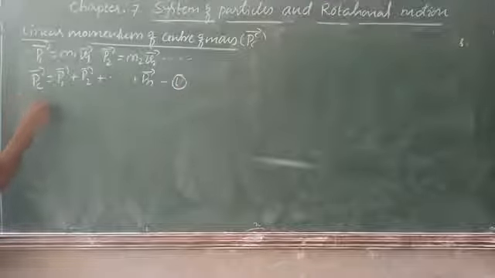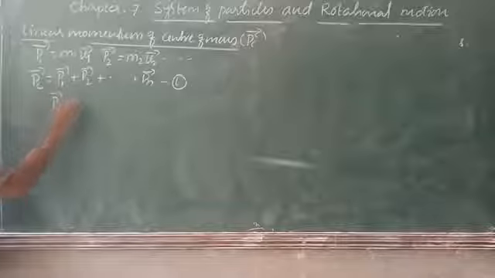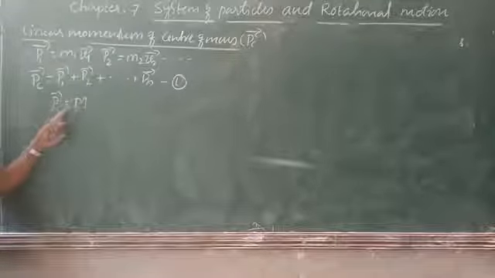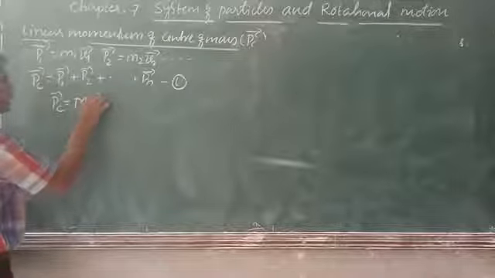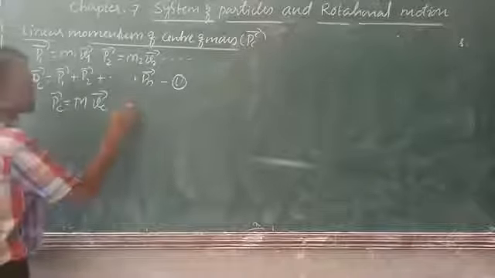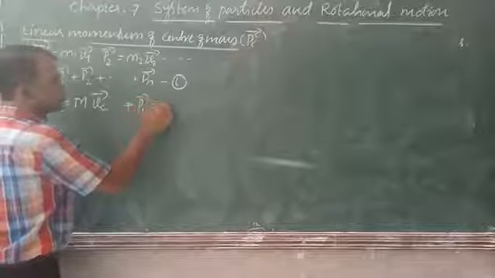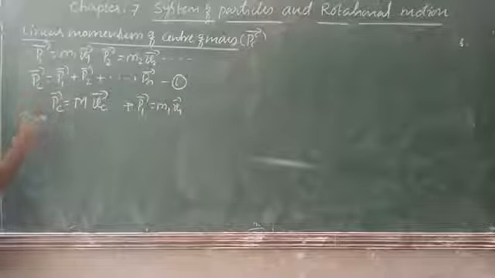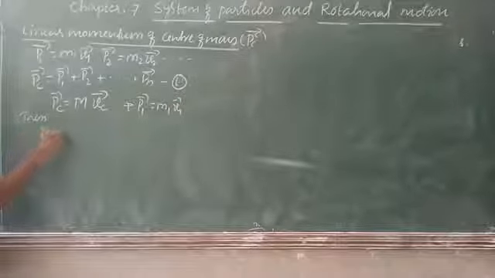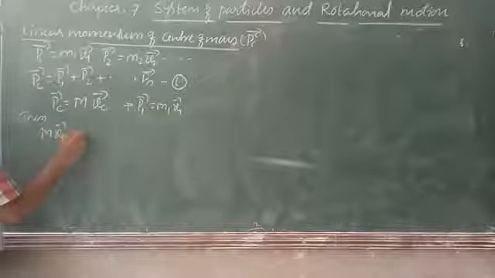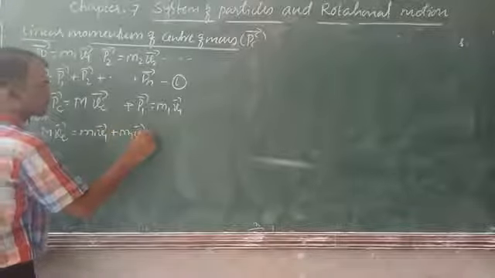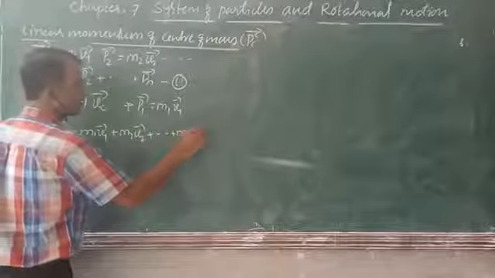We know that the linear momentum of center of mass can be written as the total mass of the system of particles times the velocity of center of mass, and P1 is equal to m1 into v1. Then equation 1 can be rewritten as m into Vc is equal to m1 v1 vector plus m2 v2 vector plus so on mn into vn vector.